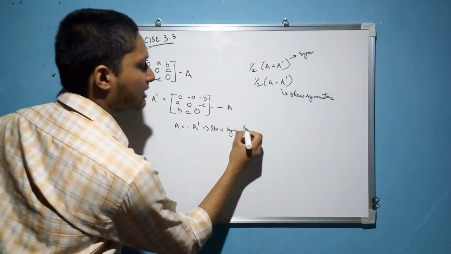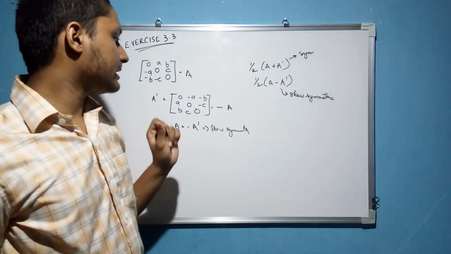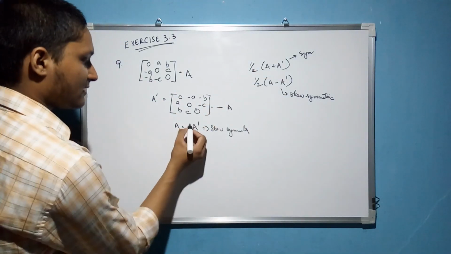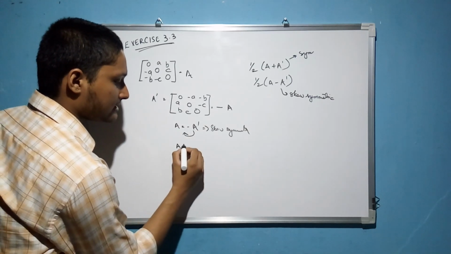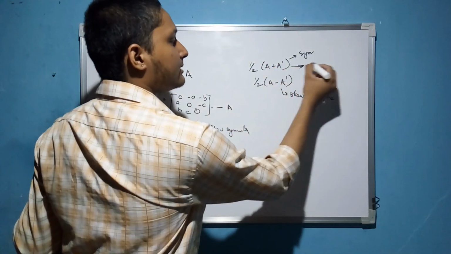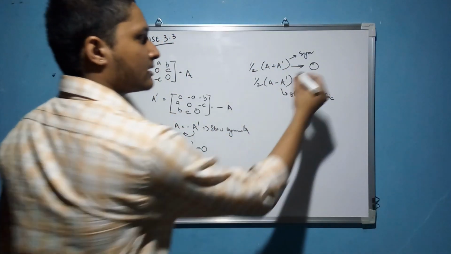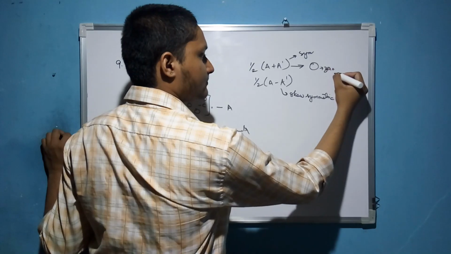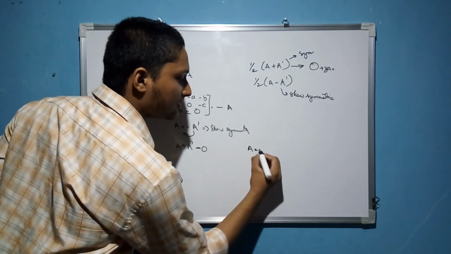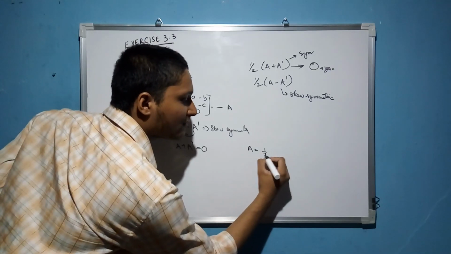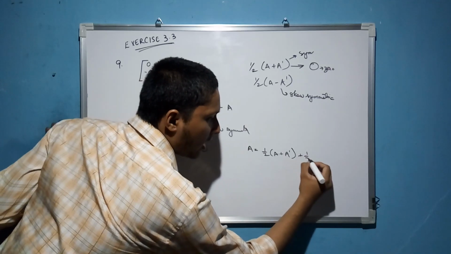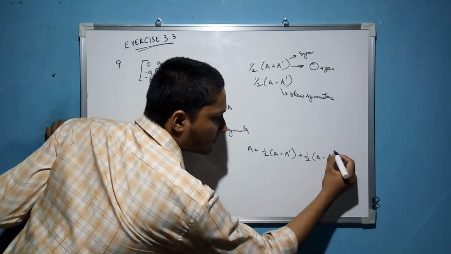Skew symmetric matrix. Therefore, A minus A transpose is going to be something. But A plus A transpose, if I bring it to the left hand side, that is A plus A transpose is equal to 0. Therefore, this matrix is going to be a 0 matrix. And you know that you can write one matrix as half of A plus A transpose plus half of A minus A transpose.